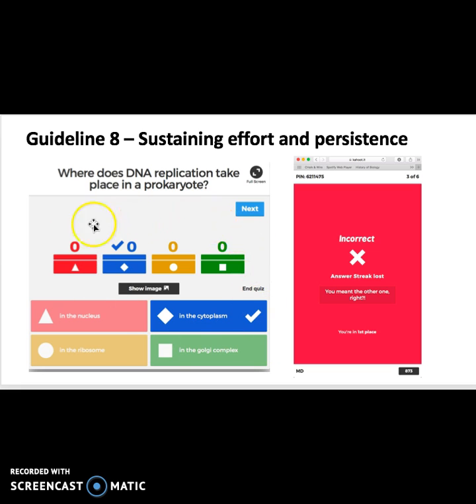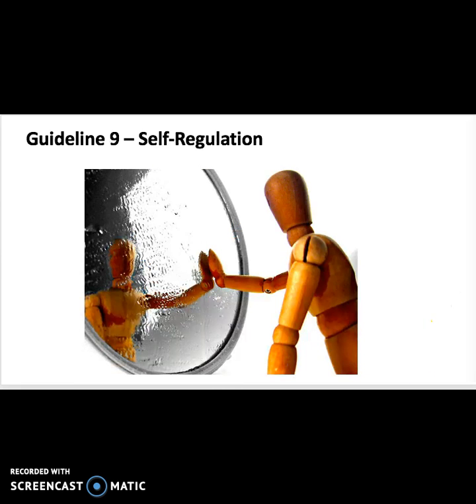This photo represents what can be seen projected from the teacher's screen so that everyone can see how many students got each question correct and what the correct answer actually is. This screen represents the student's device and gives immediate feedback to the student on whether or not they got it correct.